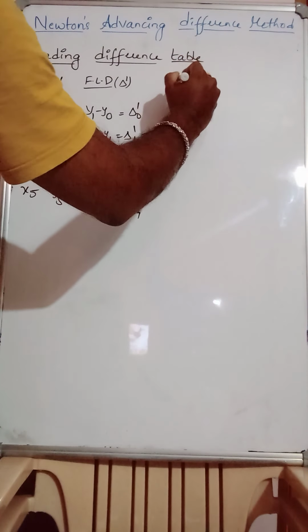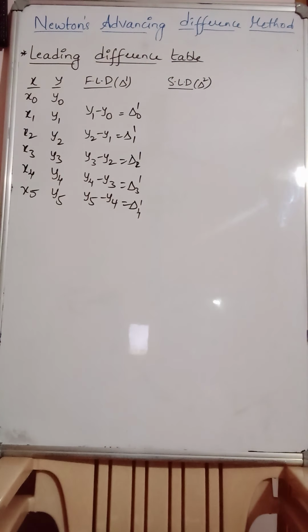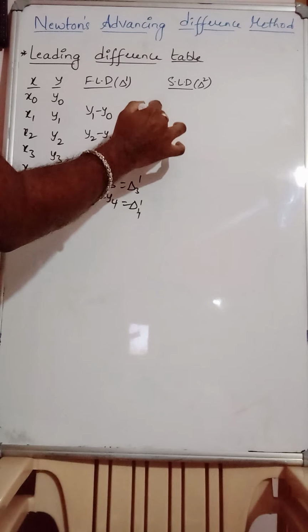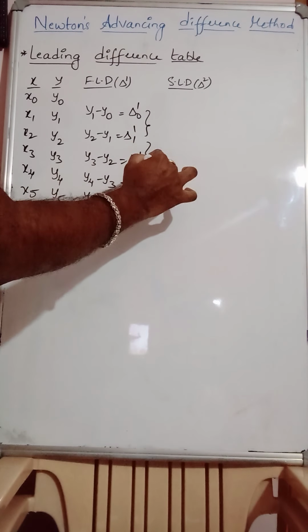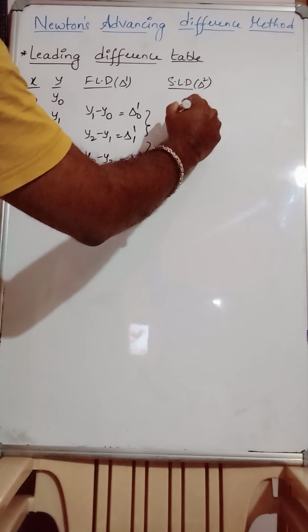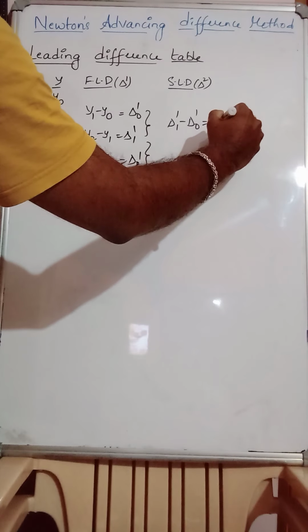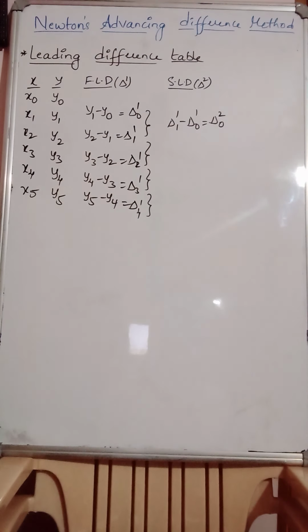Next, second leading difference, forward leading difference, delta 2. How to take this one now? Between these two, again leading differences we have to observe. That is delta 1 1 minus delta naught 1. This will become delta naught 2. You understand guys?